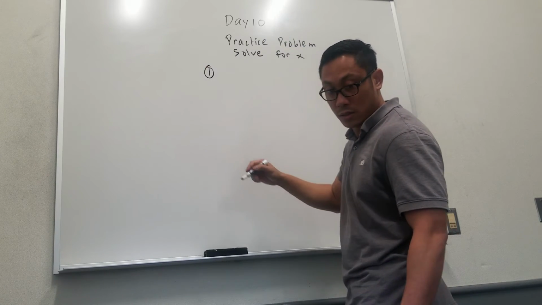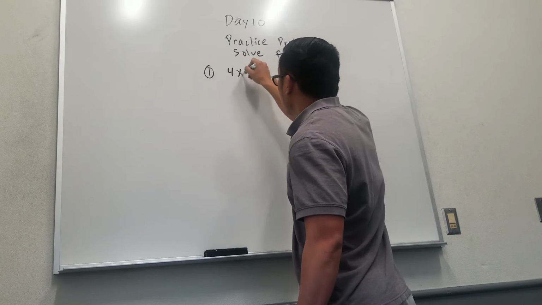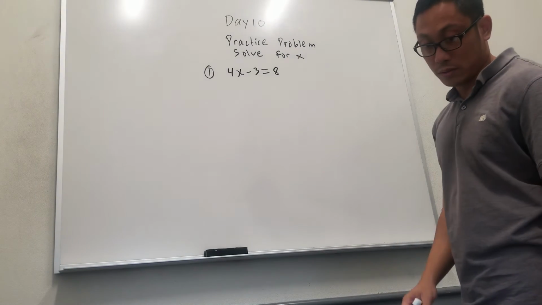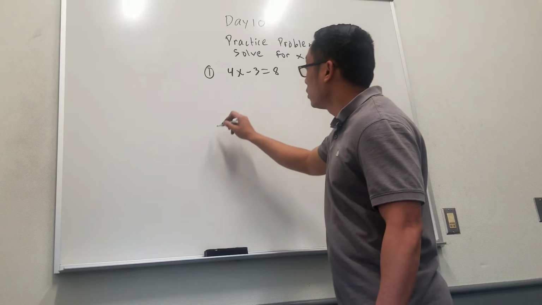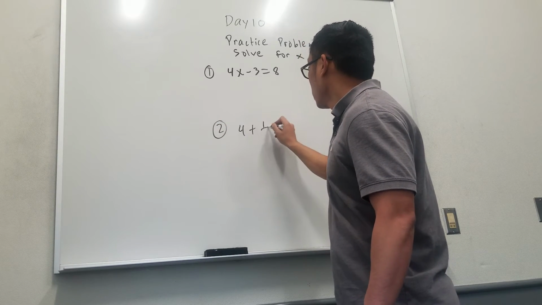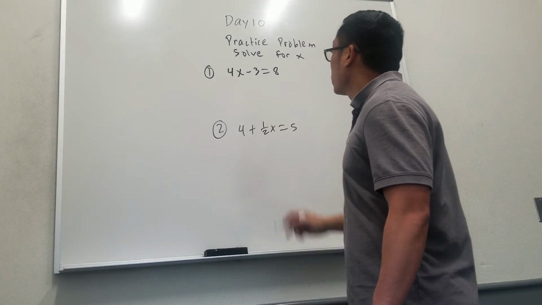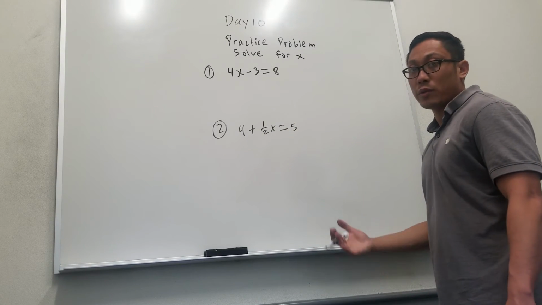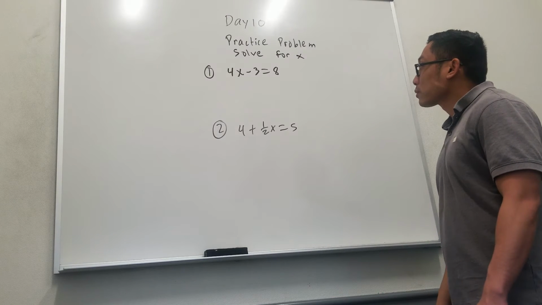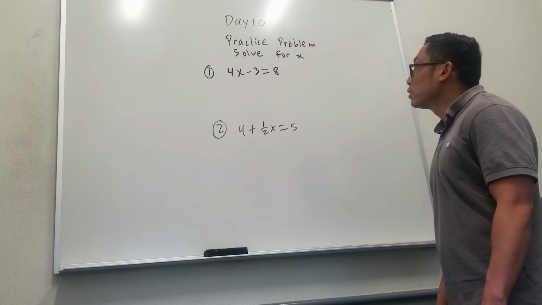It should be easy. Number 1: 4x minus 3 is equal to 8. Number 2: 4 plus 1/2 x is equal to 5. If you don't get this, go back to the video. Being precalculus, this should be easy for you.